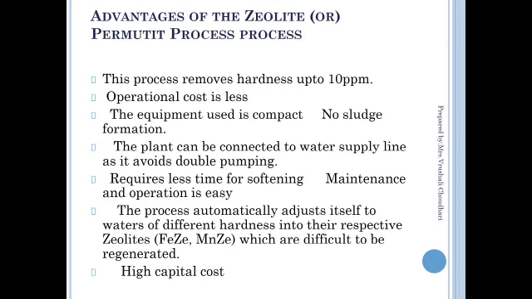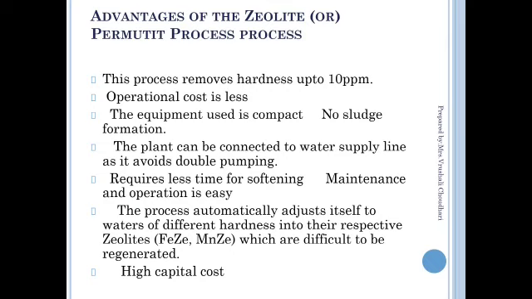What are the advantages of the zeolite? This process removes hardness up to 10 ppm. So very low hardness water will be produced by the zeolite process. Operational cost is less. The equipment used is compact. No sludge formation takes place. The plant can be connected to the water supply line to avoid double pumping.